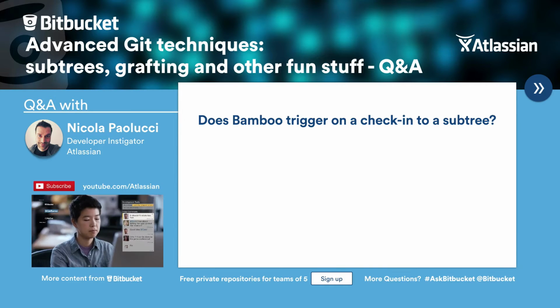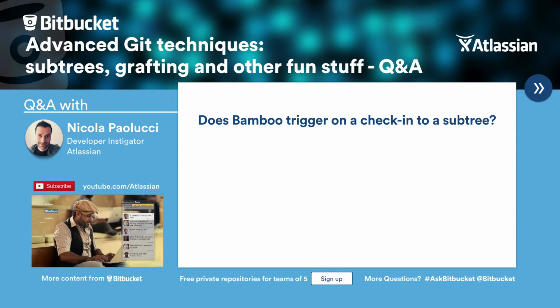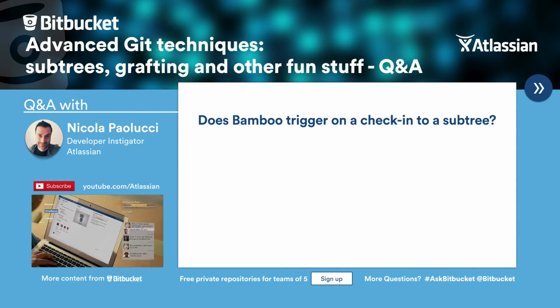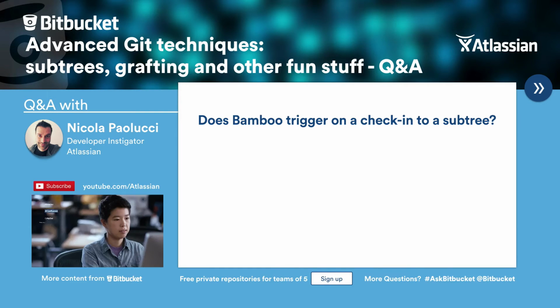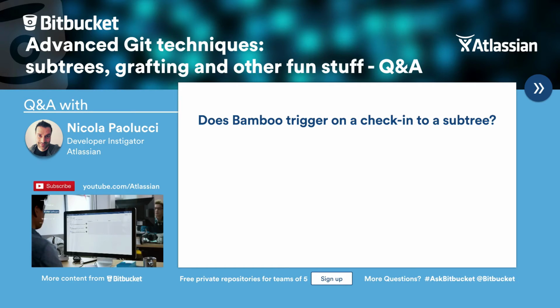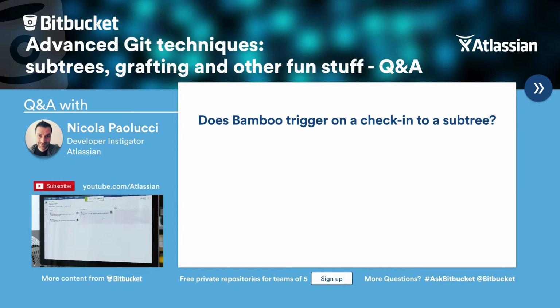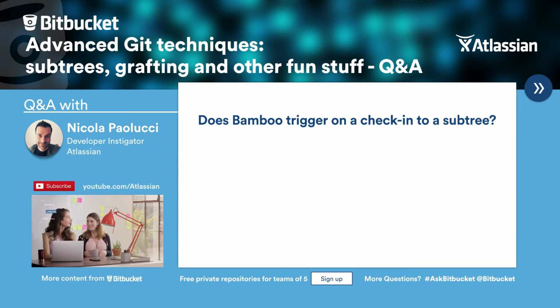Whenever you do a pull from a sub-project, from a child project, that gets squashed into some content, and that content gets added into a single commit. Because Bamboo can notice whenever there's a new commit on your branches, and it can kick off builds or do actions in reaction, yes, of course, you can build whenever a subtree is updated.